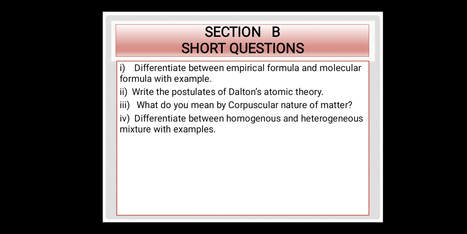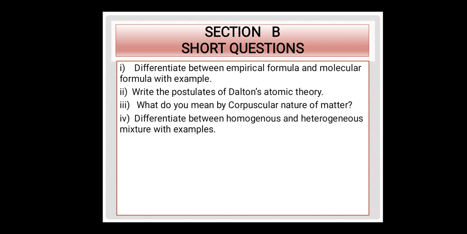Now I will discuss with you Section B. This section contains short questions. So I will discuss these short questions one by one. The first question is: differentiate between empirical and molecular formula with example. The answer to this question is molecular formula. A molecular formula gives the actual whole number ratio of atoms of each element in a compound.